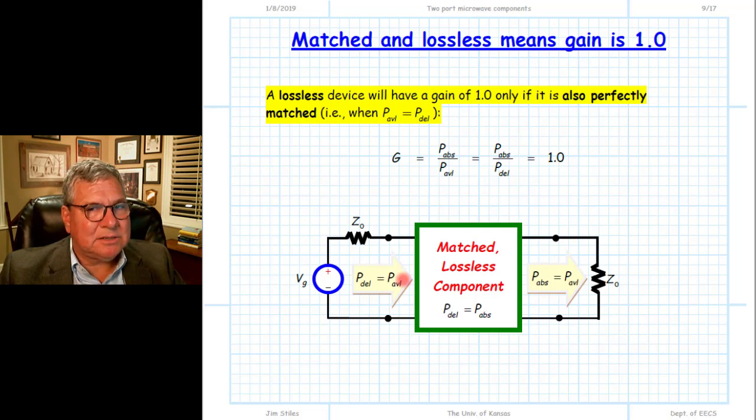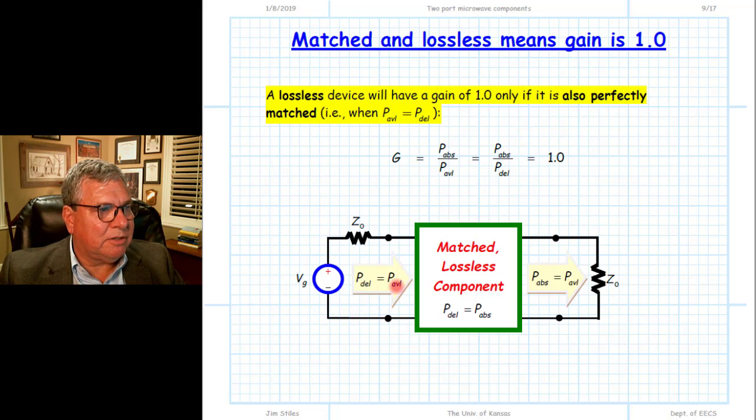The port impedances are equal to Z0 if we attach to all other ports impedances that are numerically equal to Z0. And so in that case, because we have a matched source and the equivalent circuit to all of this is the input impedance simply equal to Z0, we find that the delivered power and the available power are the same.